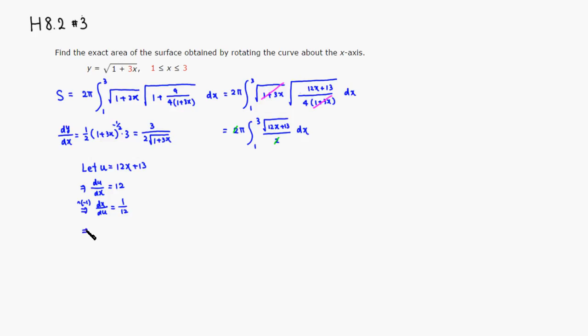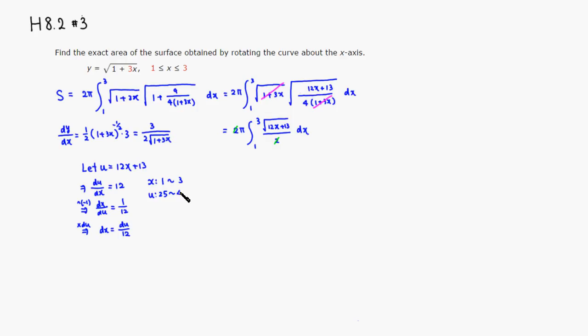Then multiply by du, so we have dx is equal to du over 12. Also, since x is going from 1 to 3, u is going to go from plugging in 1, 12 plus 13 is 25, to plugging in 3, 36 plus 13, so it's going to be 49.